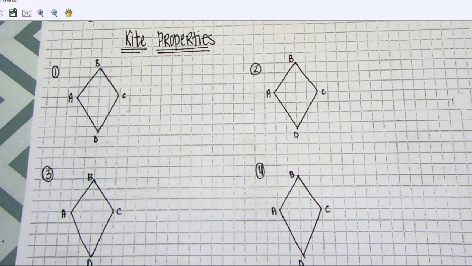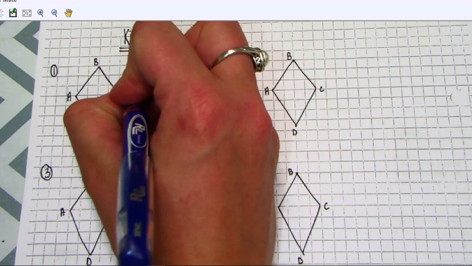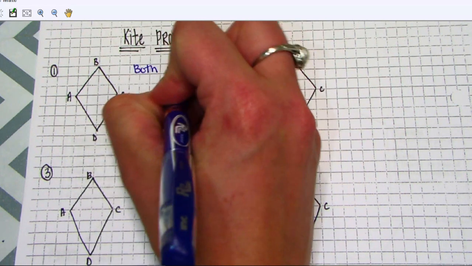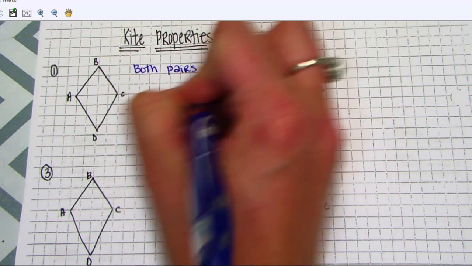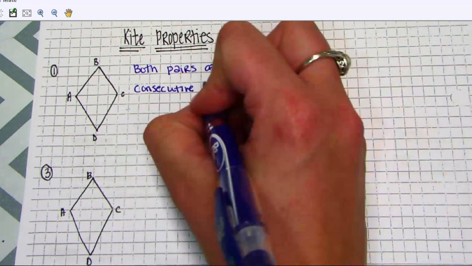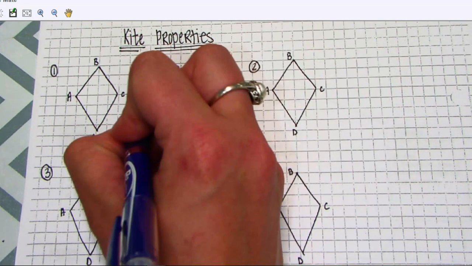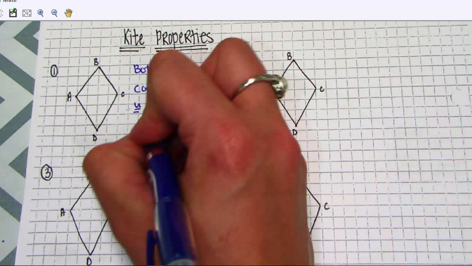So the first kite property is that both pairs of consecutive sides are congruent, but not opposite sides.